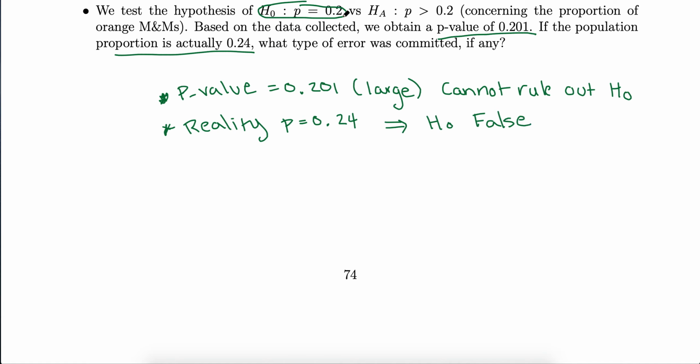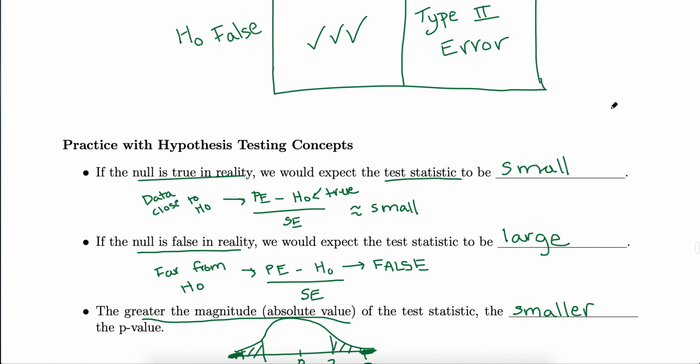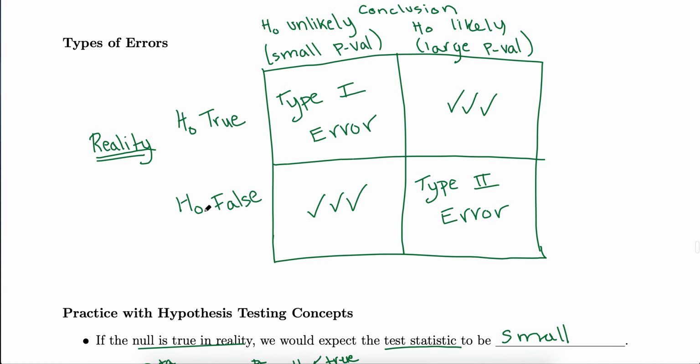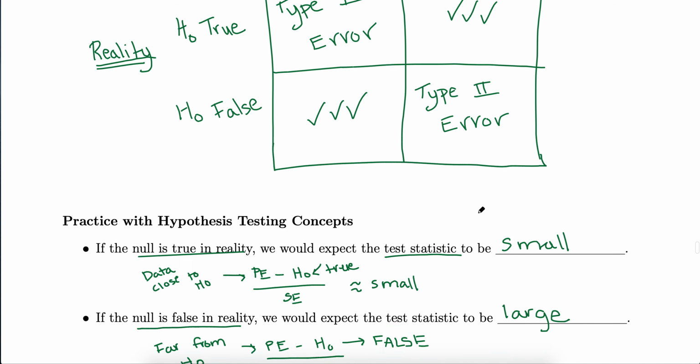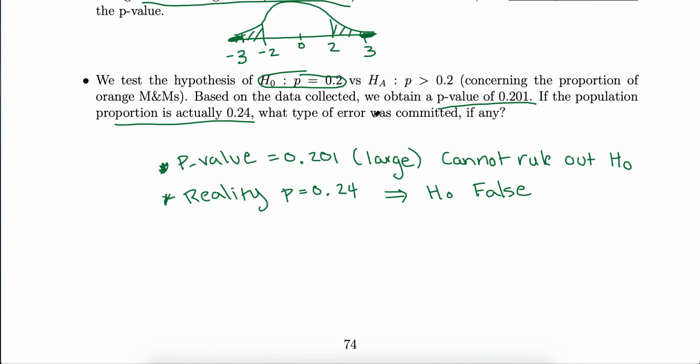Our null says it's 20%, so in reality the null is false. We decide that we cannot rule out the null, so check out our definitions up here. Null is false in reality. We decide we can't rule it out. It's a possibility. So we have committed an error. Those guys don't match, and specifically a type 2 error. So our mistake in this, type 2 error.